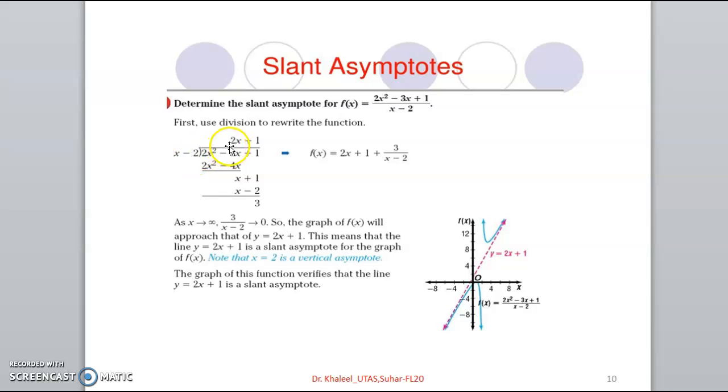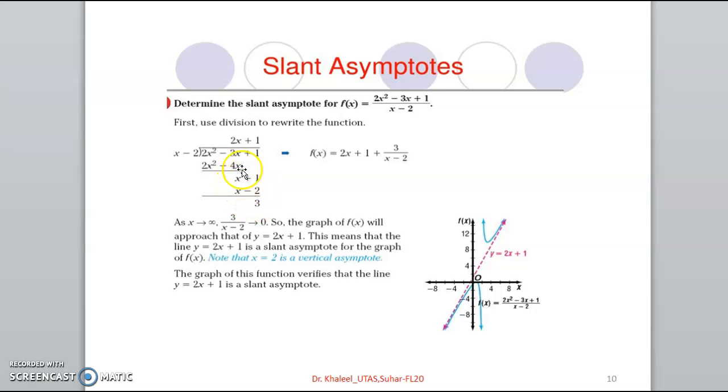And then minus 2 into 2x is minus 4x. The signs change, minus and plus. So this cancels. So we have minus 3x, and minus 3x plus 4x is x.